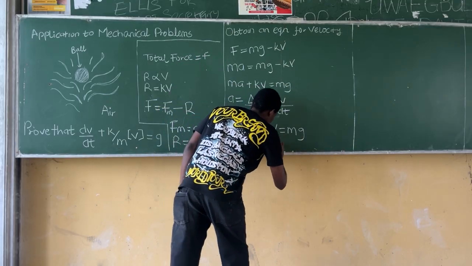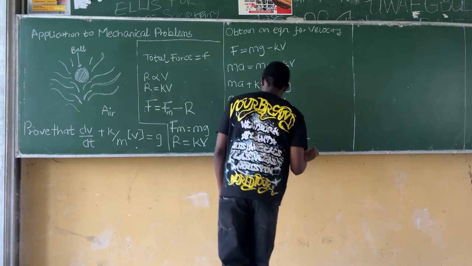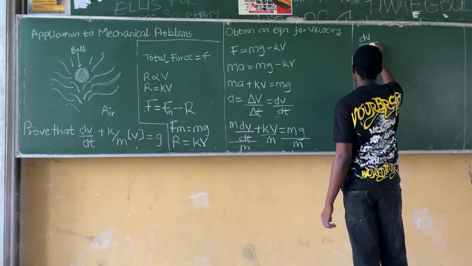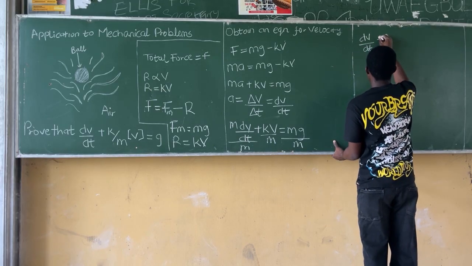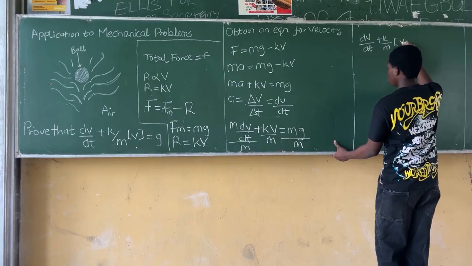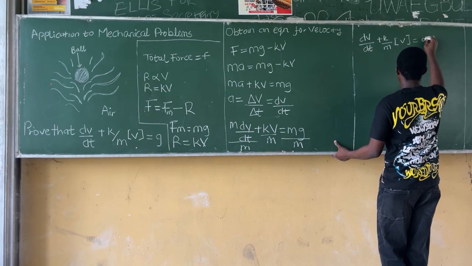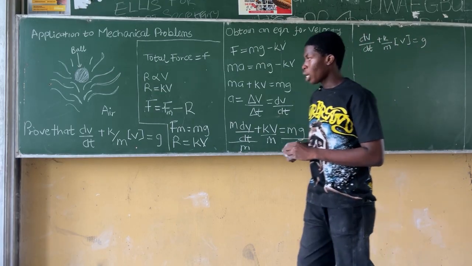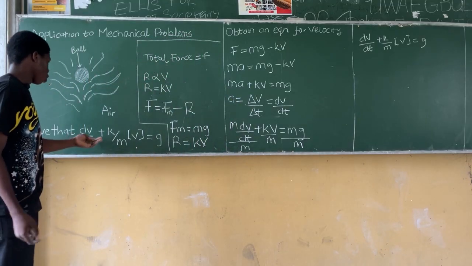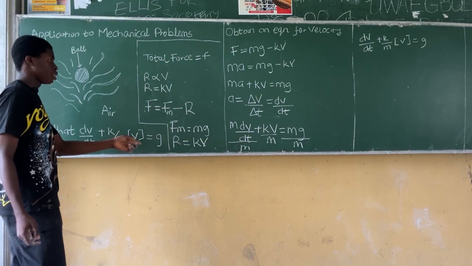So this is dv over dt plus k over m times v is equal to g. From here, we have successfully proven that dv over dt plus (k/m)v is equal to g.